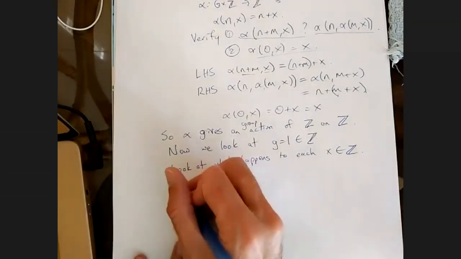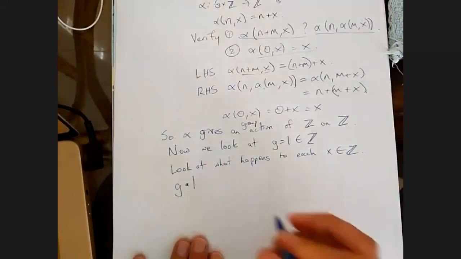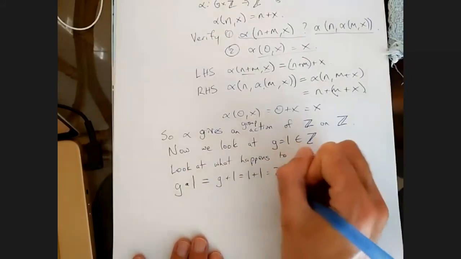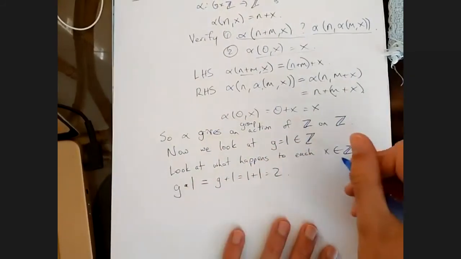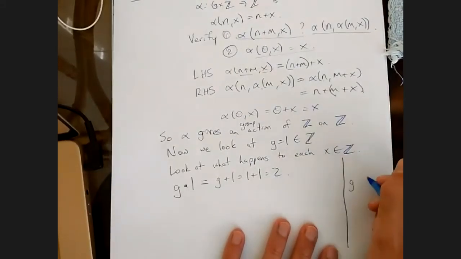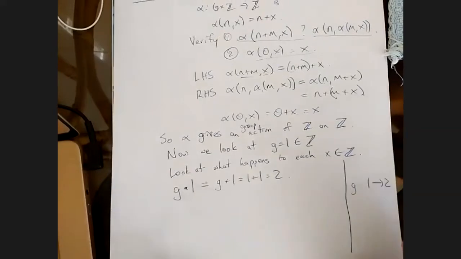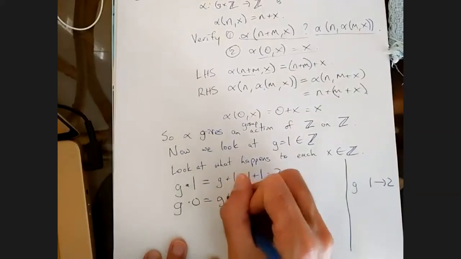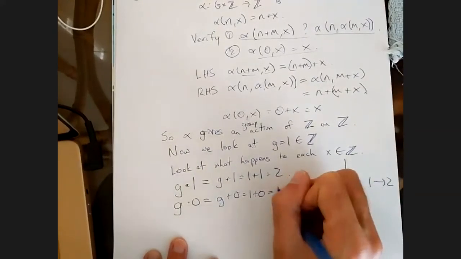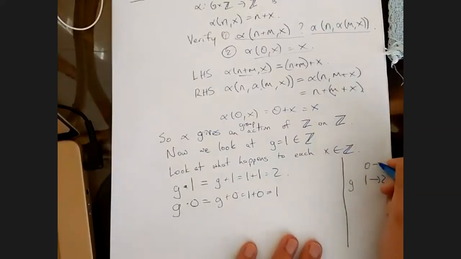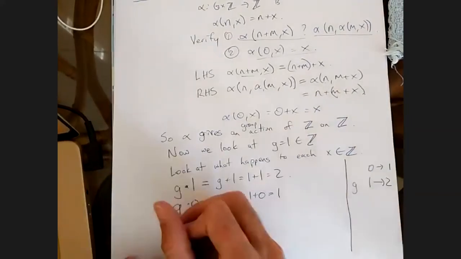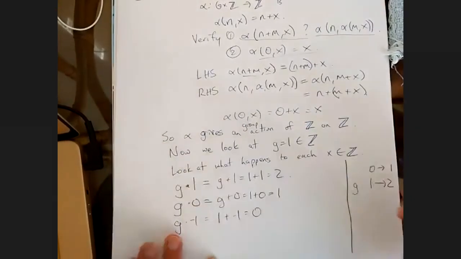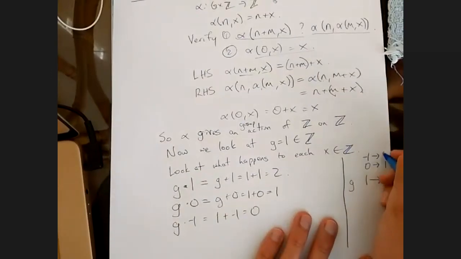So G times 1, that's just G plus 1, that's just 1 plus 1, that's 2. So if we record it, G sends 1 to 2. What's G times 0? Well, that's just G plus 0, that's just 1 plus 0, that's 1. G sends 0 to 1. G times minus 1, that's just 1 plus negative 1, that's just 0. So G sends negative 1 and maps it to 0.